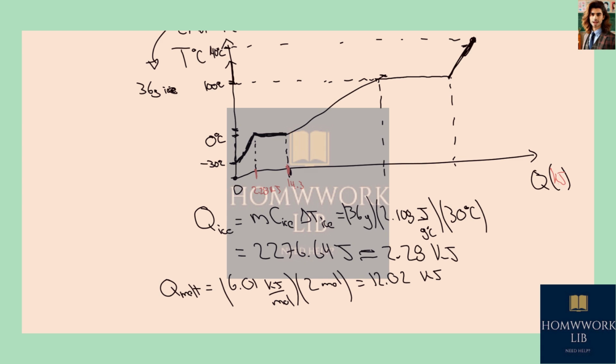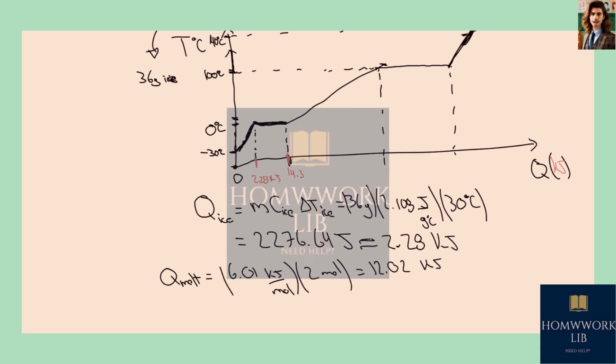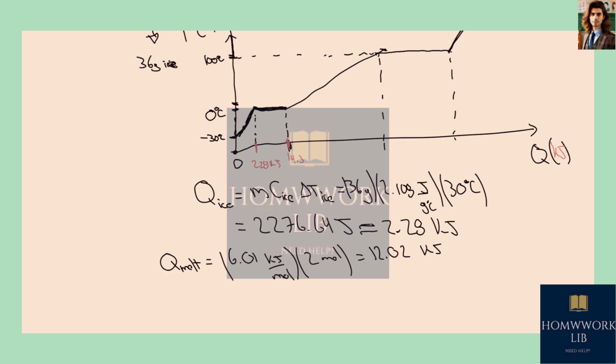Okay. After we have done this, we can go ahead and calculate the heat that is going to be absorbed by water. This is going to be the same formula, 36 grams times heat capacity, which is 4.184 joules per gram degree Celsius, times the change of temperature of water, which is 100 degrees Celsius.